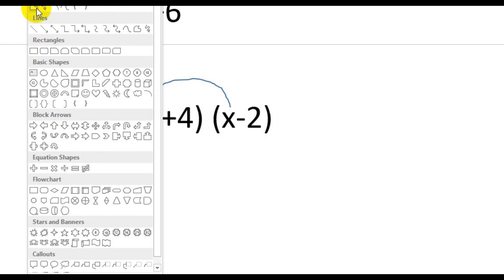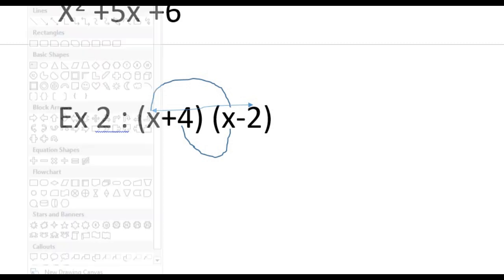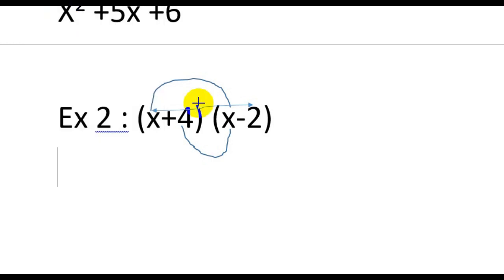Then again we multiply x by 2. Then third we multiply 4 by x. Then the last term, we take 4 and we multiply by 2.